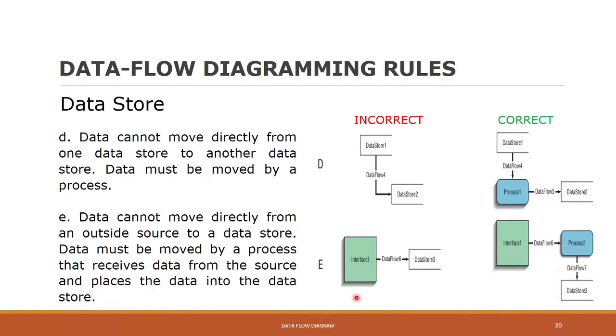It uses an entity here and directly uses a data store. Of course, you need to process your data before it goes to your data store. So this is the correct one. This is the correct use of entity, process, and data store. Before going to the data store, it should be processed.